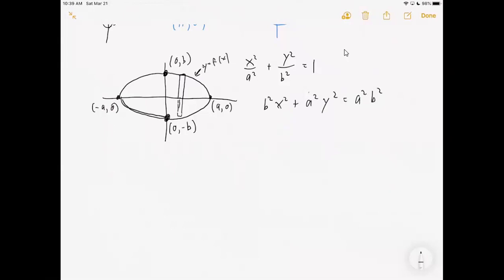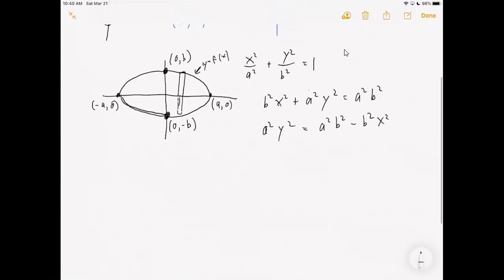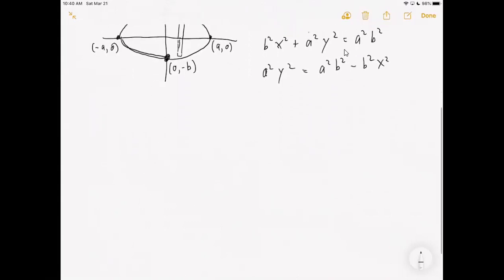The next thing we would want to do is move the first term on the left over to the right. So that would leave a squared times y squared is equal to a squared b squared minus b squared times x squared. All right, and then we can see, looking at that, we have a factor of b squared in both terms on the right.